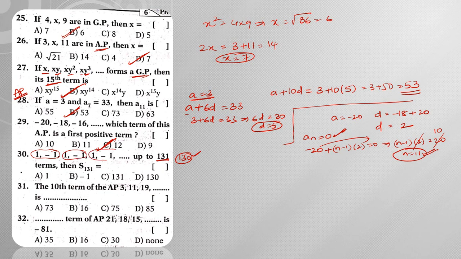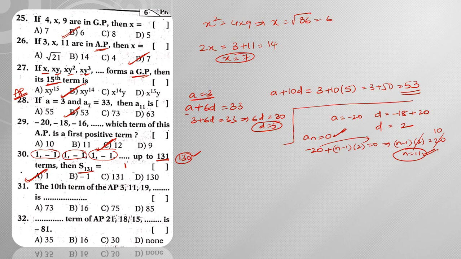So these 130 terms will pair up and their sum will become 0, and you will have the 131st term, which is nothing but 1. Then the sum of these 131 terms is nothing but 1. No need of thinking much. This forms a GP with the common ratio minus 1. Then you can go with the sum of n terms of GP.